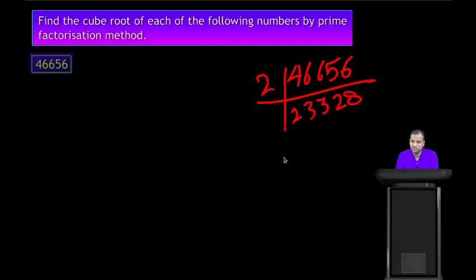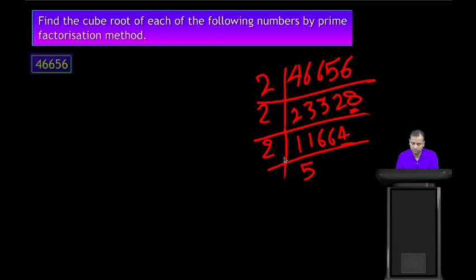Now again by which number? Look at the last number. Yes, again 2 we can divide. Again last number 4, so we can divide again by 2. Then again 2, so you can find this one.